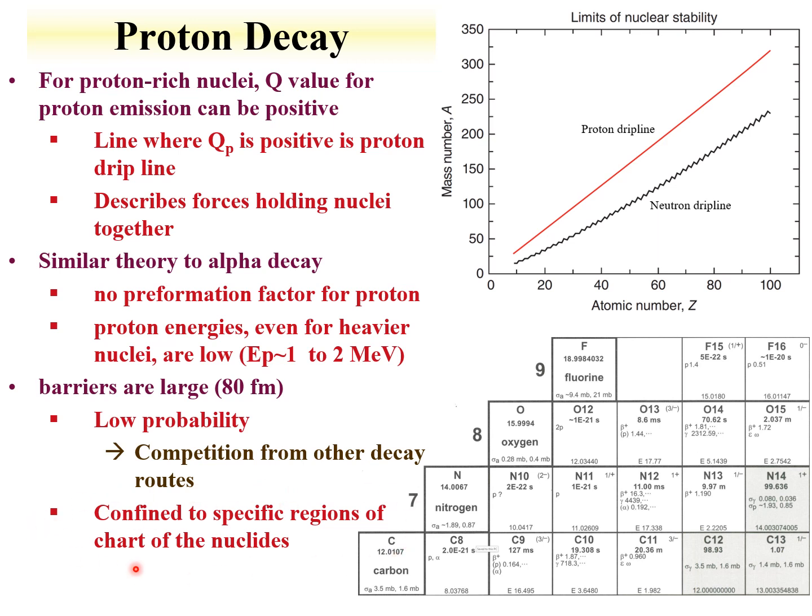And here's an example of some low Z elements with their isotopes that decay by proton emission. If we look at fluorine-15, 16, oxygen, right? Oxygen-12 has 2-proton decay. 13, there's a probability of this proton decay. Nitrogen-10, there's proton decay. Nitrogen-11, proton decay.